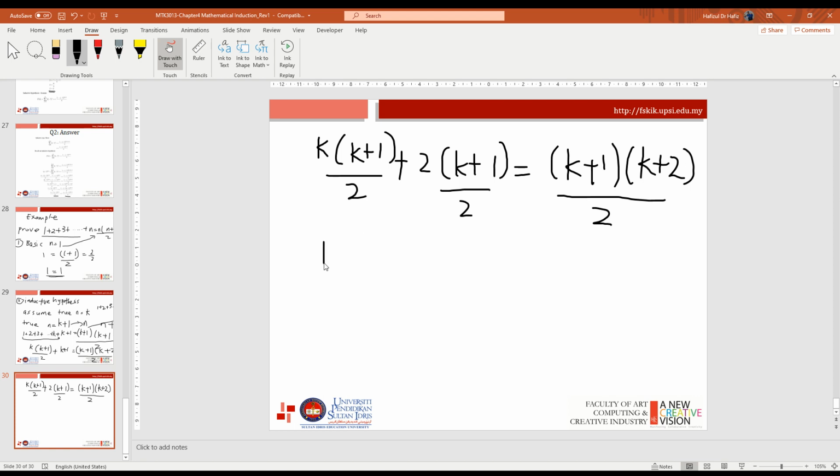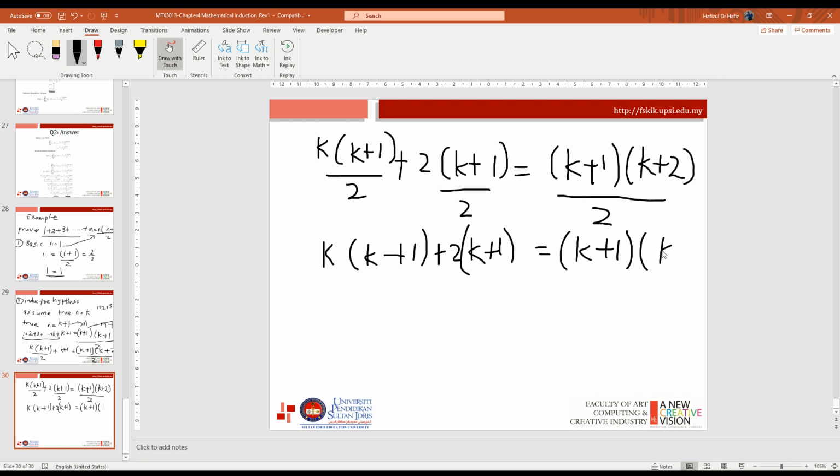Okay, k(k plus 1) plus 2k plus 1 is equivalent to (k plus 1)(k plus 2).